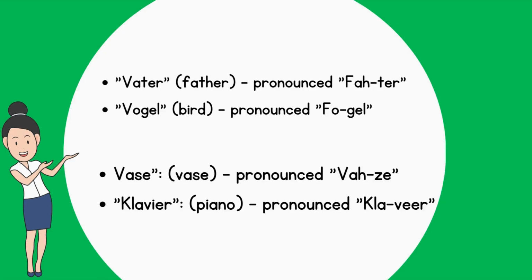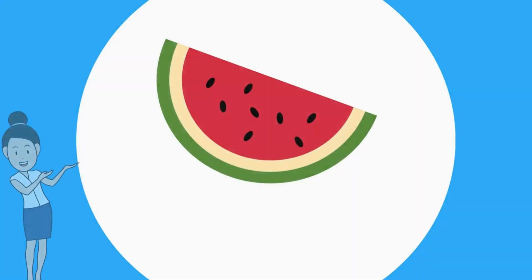The next example would be Vogel. The word Vogel is spelled like V-O-G-E-L. The O is the one with the two umlaut on it. I pronounce it like Vogel. I don't say it like Vogel, right? Another example would be Klavier. Klavier means piano. I don't say it like Klavier. I say it like Klavier.